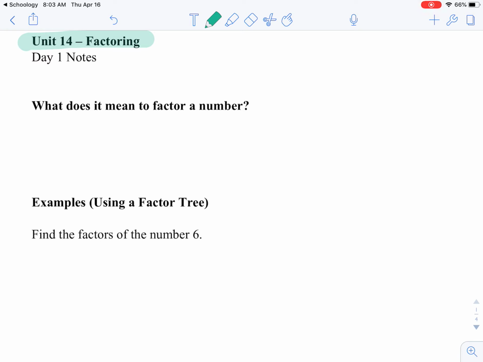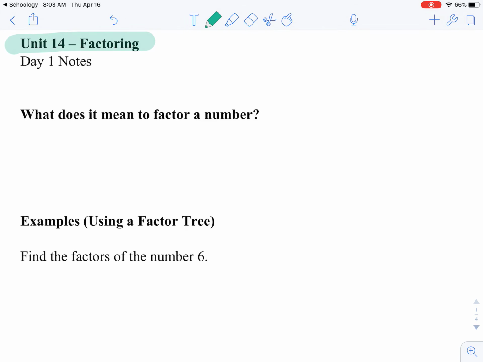Factor, what we can do is break down a number. So I would call it to break down a number. What that would mean to me is, let's say I had the number 8.